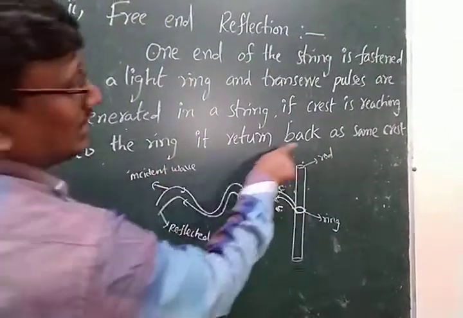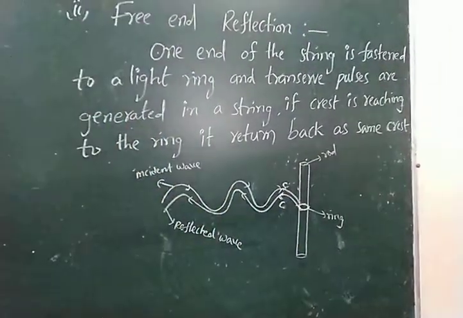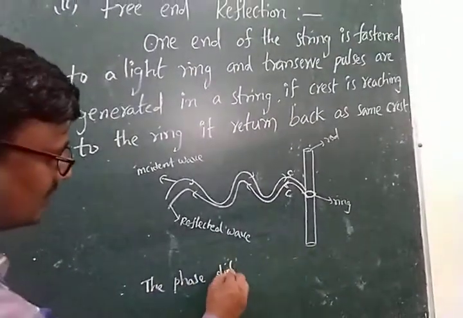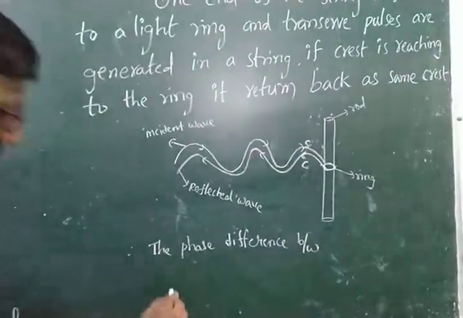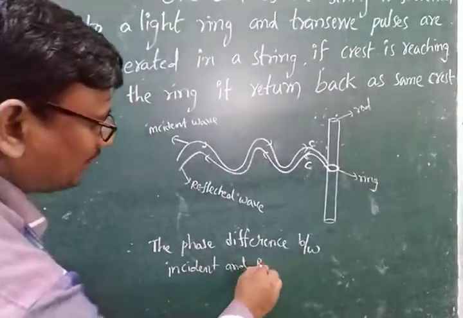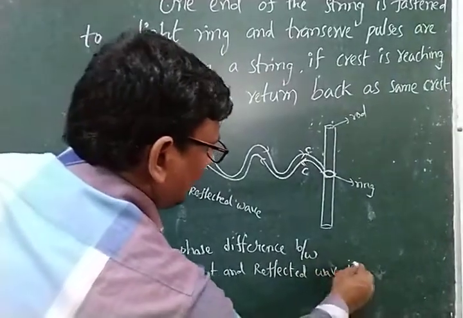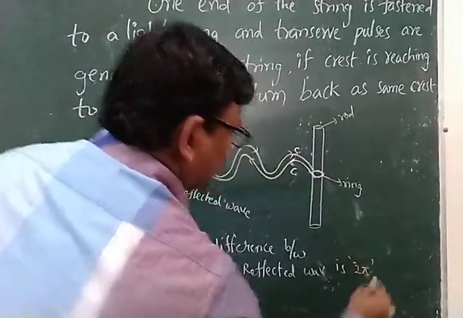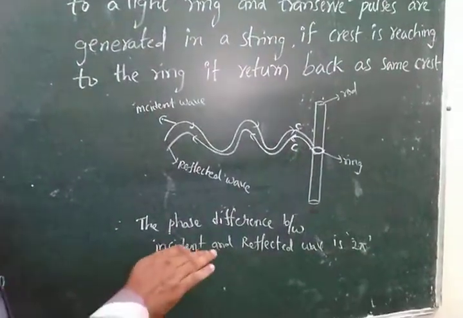The ring returns the same crest back. Therefore, the phase difference between the incident and reflected wave is 2 pi. How much is it? 2 pi, because for crest and crest, the angle is 360 degrees.